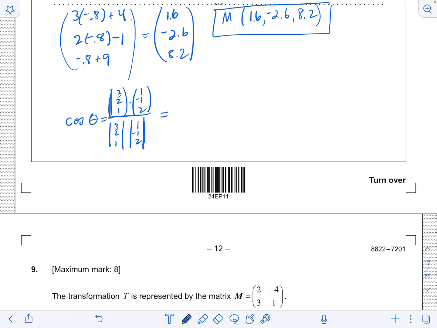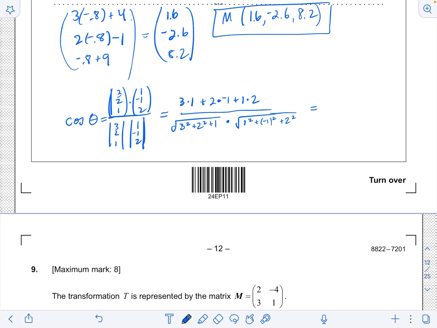So to get the dot product, we just multiply each position by its corresponding position and add all those together. That's 3 times 1 plus 2 times negative 1 plus 1 times 2. And then the magnitudes are simply square root of 3 squared plus 2 squared plus 1 squared times square root of 1 squared plus negative 1 squared plus 2 squared.